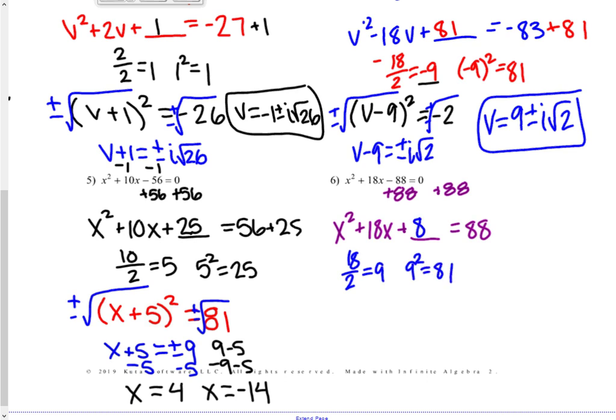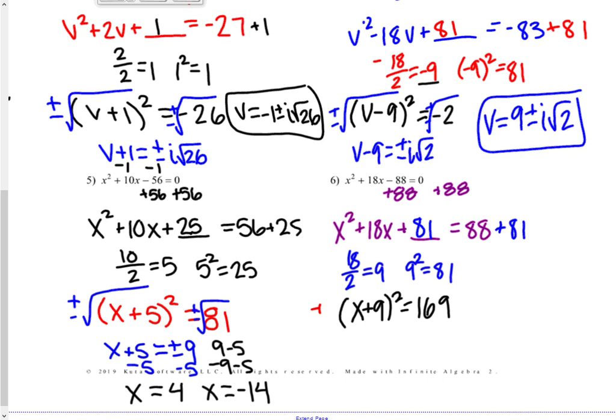So we're going to add 81 to both sides of our equation. Rewrite completing the square, so parentheses, my variable, my middle term divided by 2, so plus 9 squared equals 88 plus 81, which is 169.